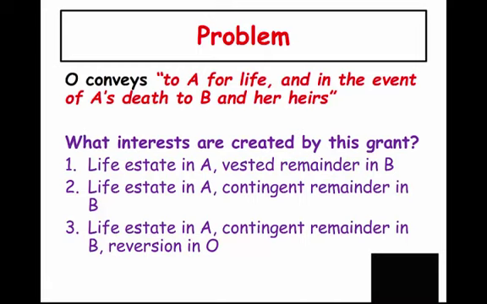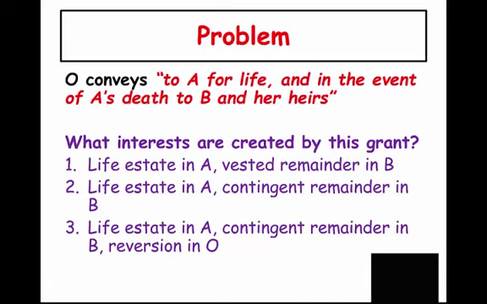But because every holder of a life estate is going to die, and all this really says is to A for life, and then when A dies, it goes to B, this actually creates a vested remainder in B. And I'll just take a moment to point out that the language to B and her heirs simply signals that this is a fee simple absolute and does not create any interest in whomever B's heirs might be.